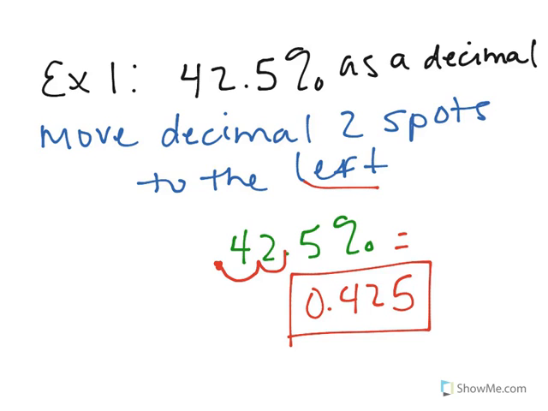Now my next example is going the opposite direction. It's going from a decimal to a percent. So, for example 2, I'm going to ask you to convert 625 thousandths into a percent.